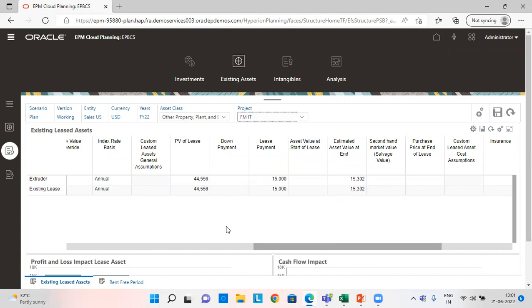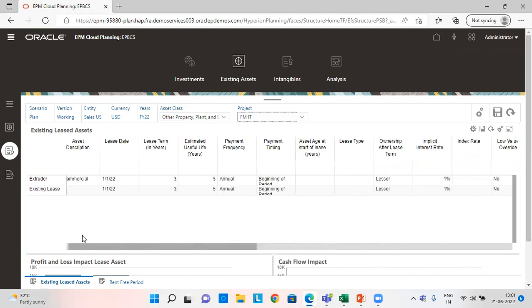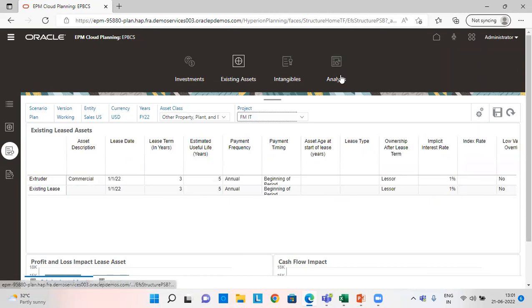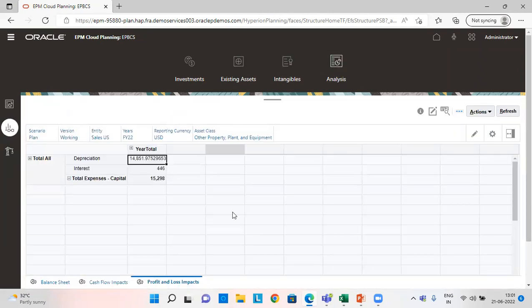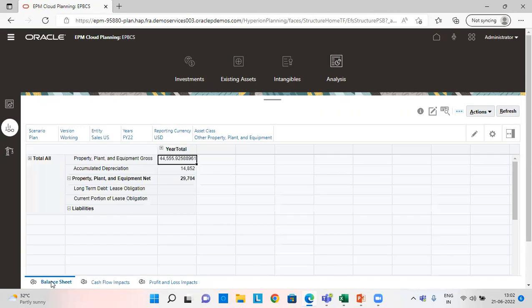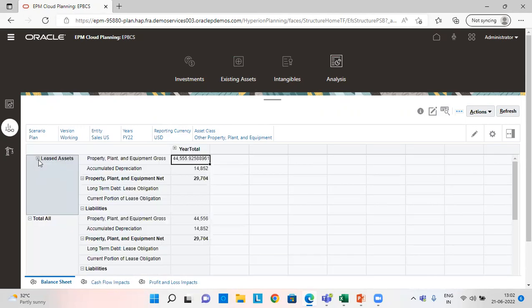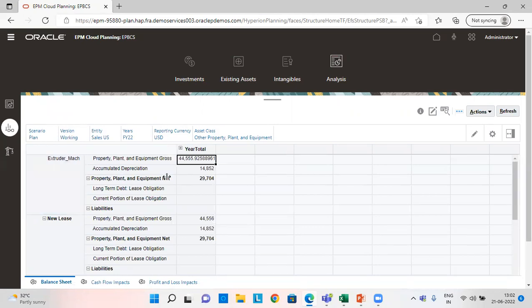Let's go to the analysis tab and see all the figures, whether they get validated with our Excel sheet or not. Let's get to the balance sheet first. Let's expand this and see our newly added asset in the existing one.